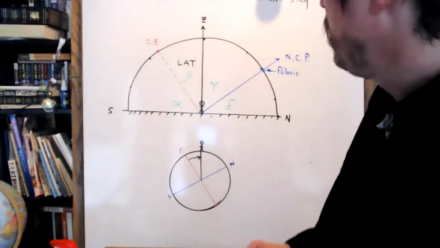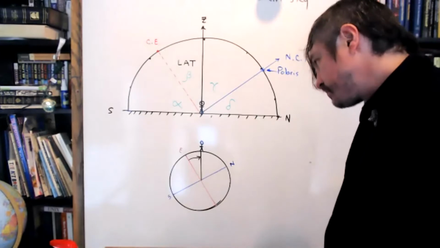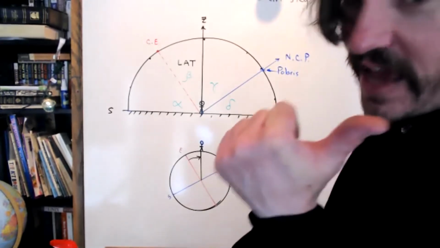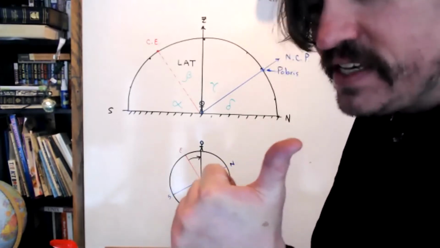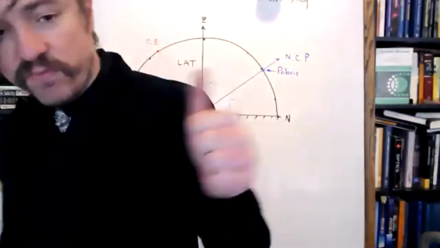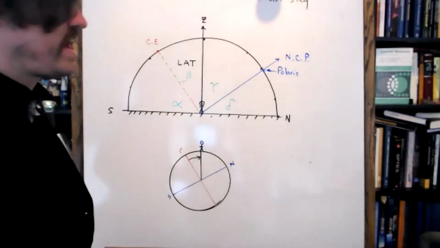Okay, so let's try another sample problem here. One of these angles represents the altitude of Polaris based on the definition of altitude. So you might want to read altitude out loud again to remember what that means. What is altitude?